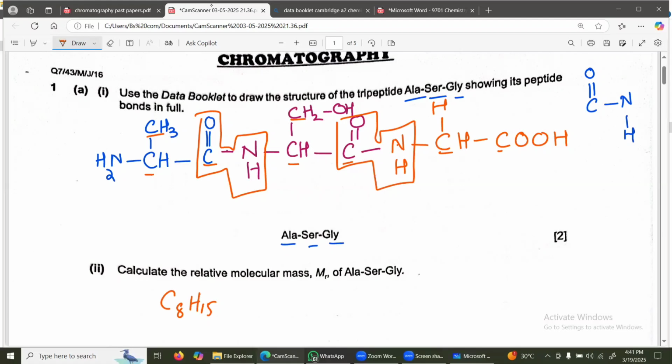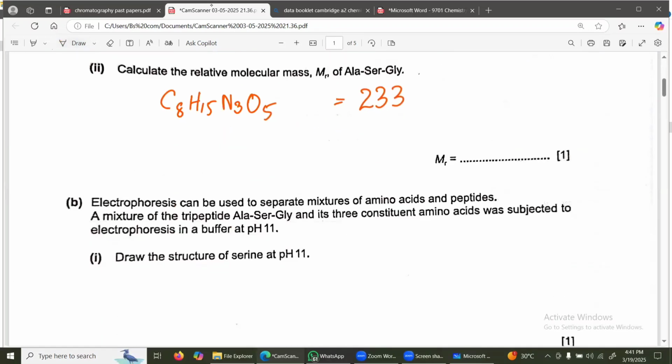So nitrogens are three, and how many oxygens are there? One, two, three and four, and then five. So oxygens are five in this structure. So now if you just calculate it, its Mr is actually 233. Okay, so you can calculate it.